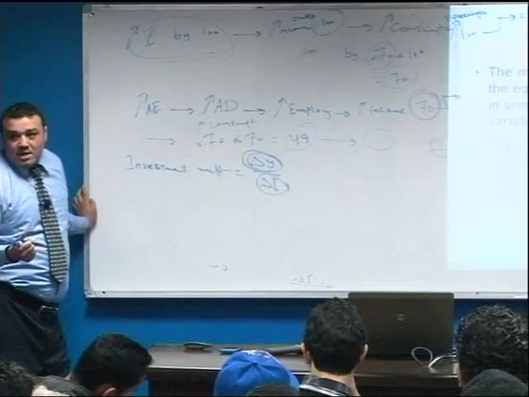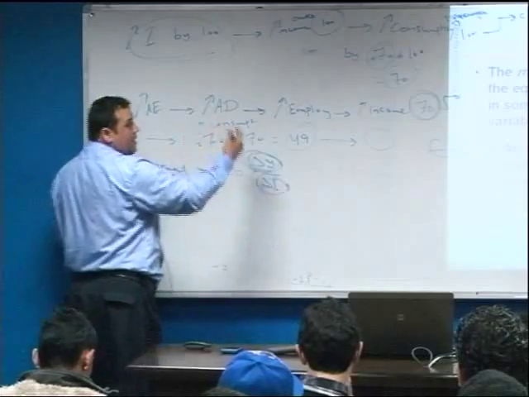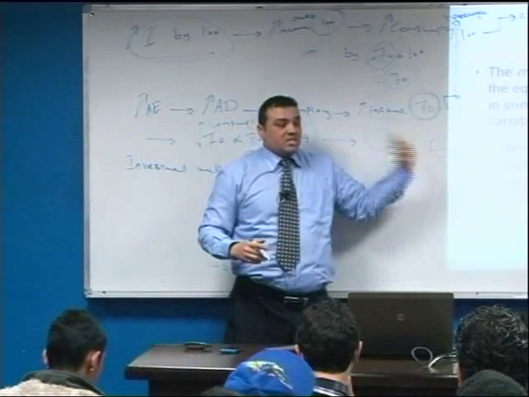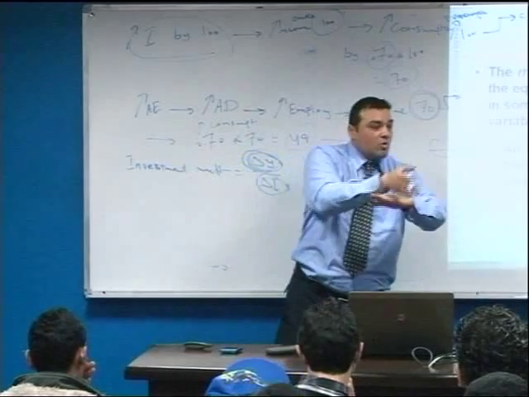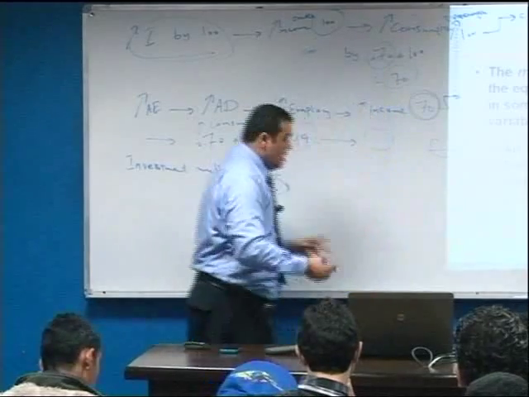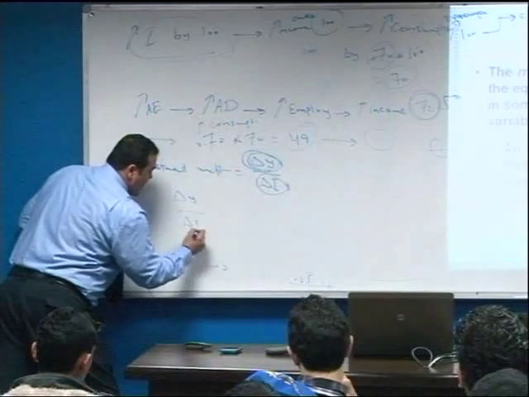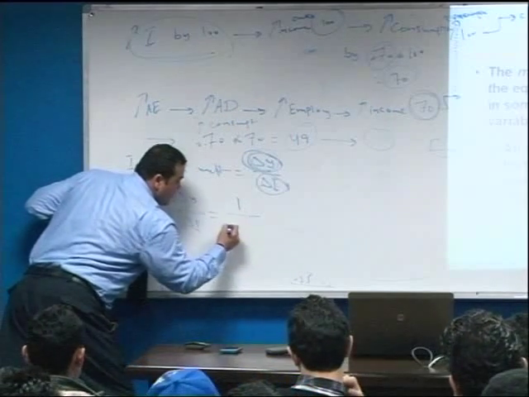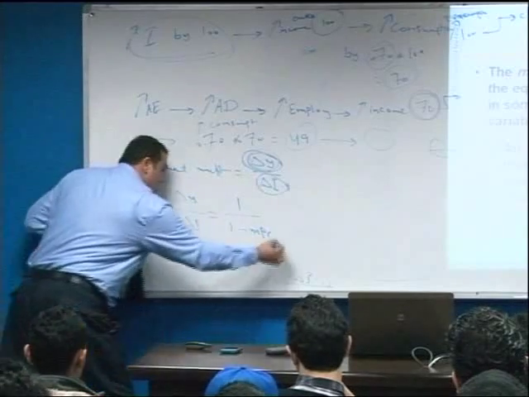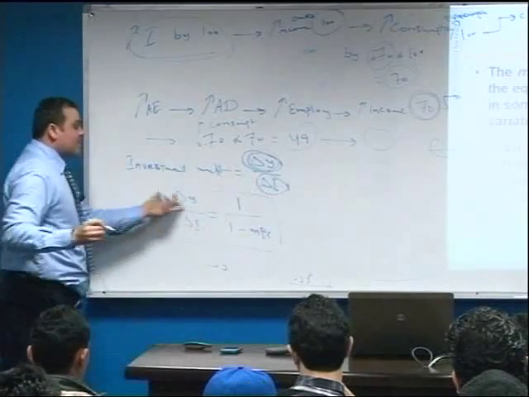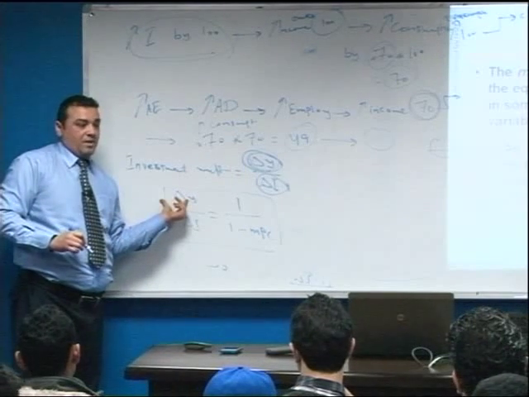We have a formula to calculate the change in Y. Now these increases are the result of changes in the MPC, it depends on the marginal propensity to consume. We have the formula, which is delta Y over delta I equals 1 over 1 minus MPC. It's a formula.